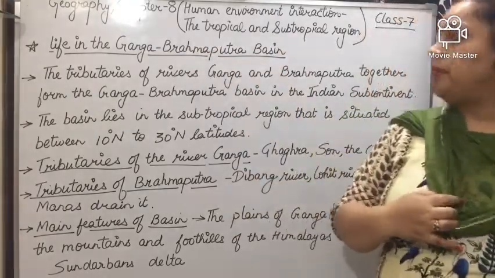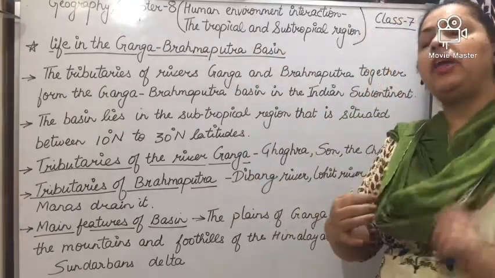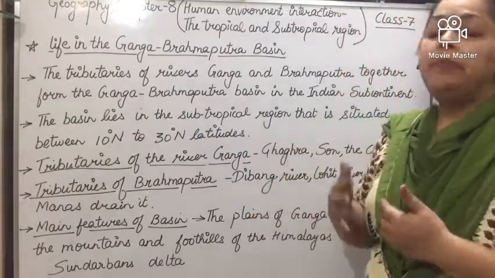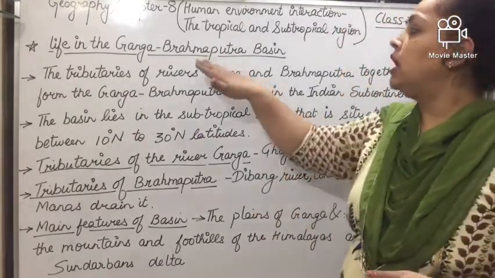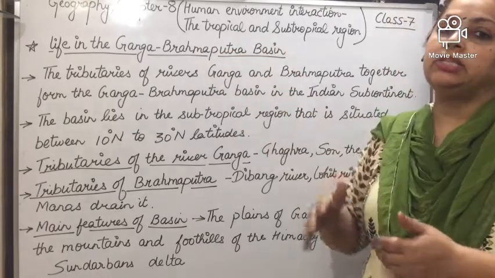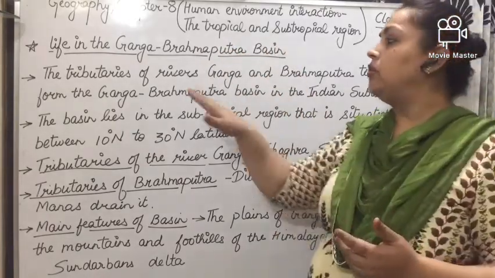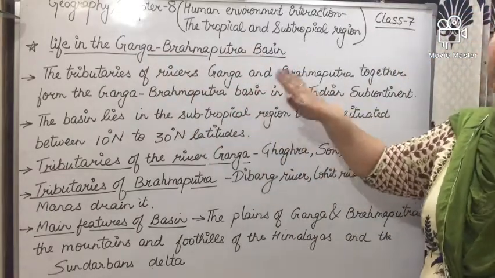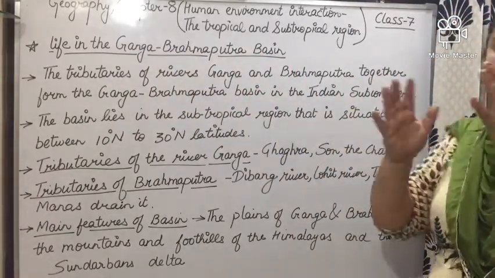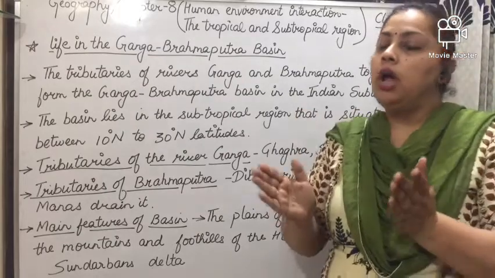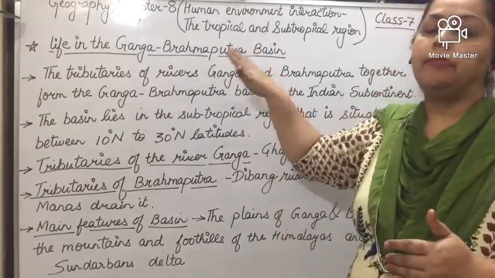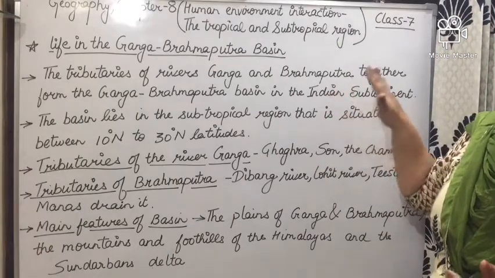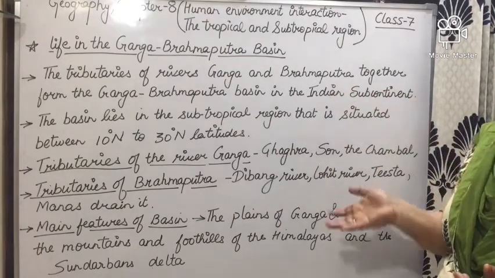So the first topic is life in the Ganga Brahmaputra basin. Basically, how the Ganga Brahmaputra basin is developed, that is because of the tributaries of the rivers Ganga and Brahmaputra. Together they form the Ganga Brahmaputra basin, which is in the Indian subcontinent.